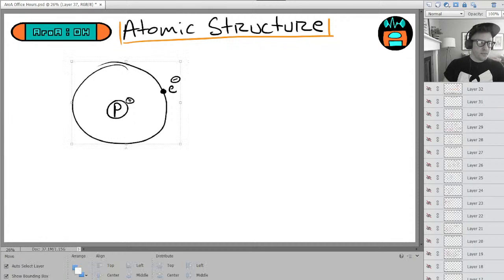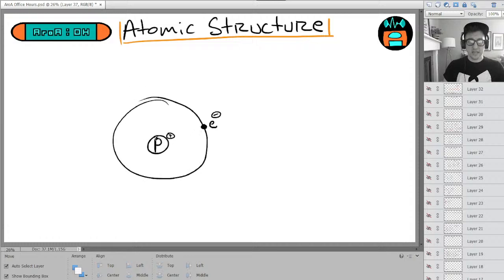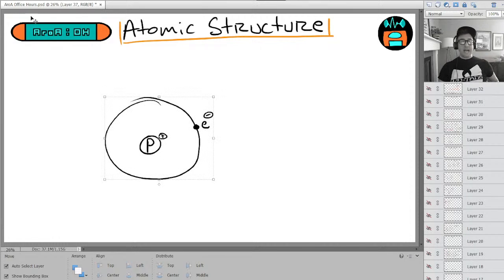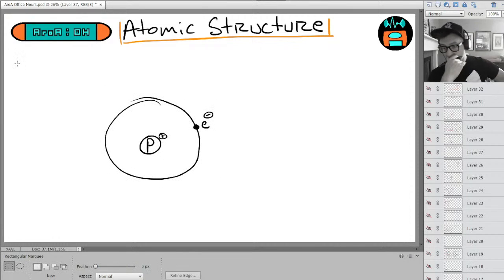And as far as basic instinct is concerned, this is not a bad model of the atom.